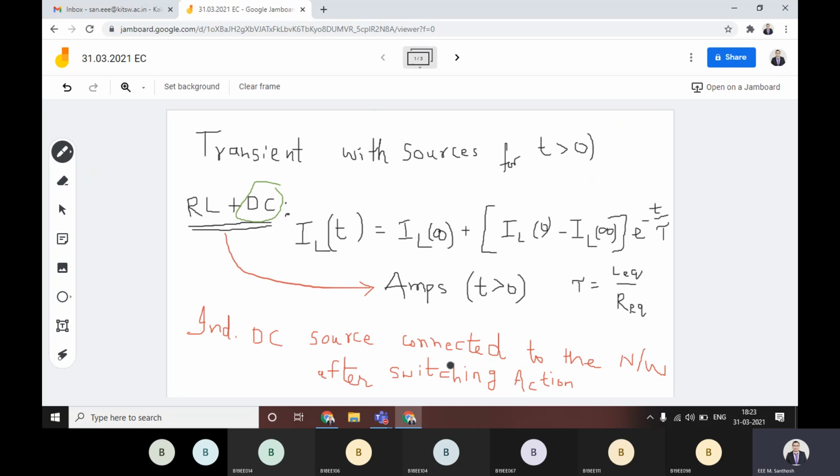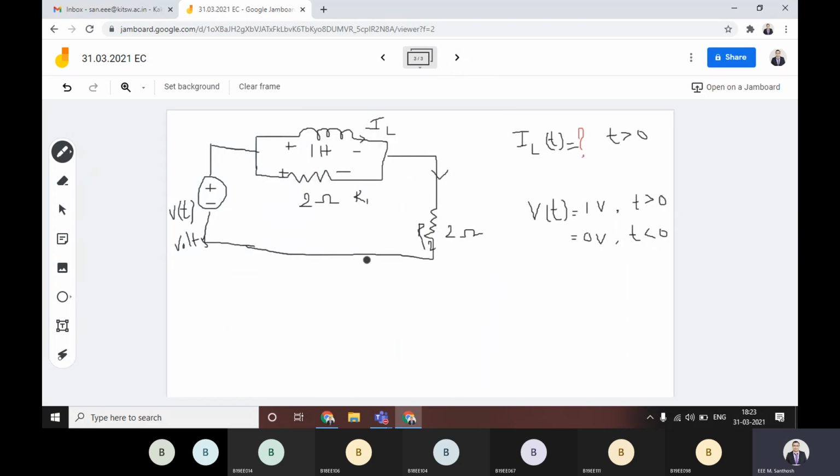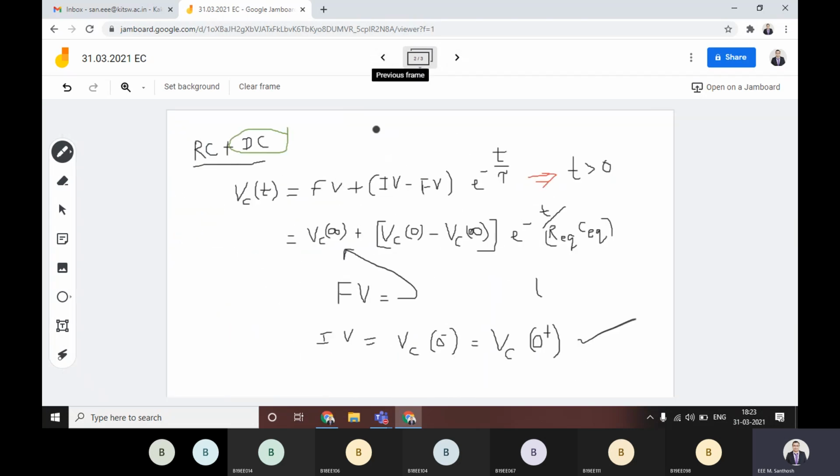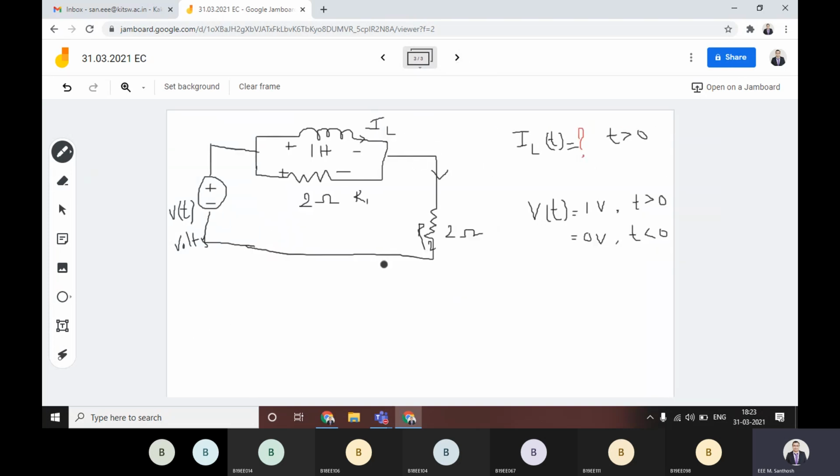First we calculate the 0 minus and 0 plus values, that means before the switching action.